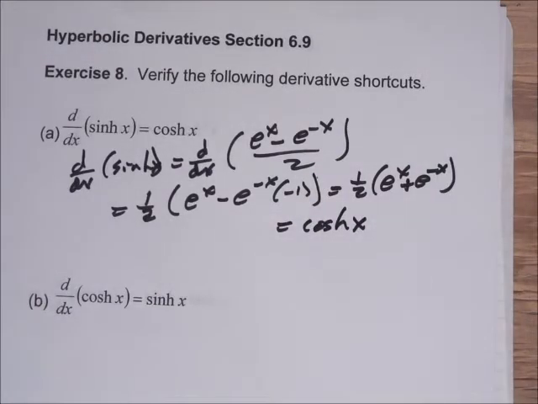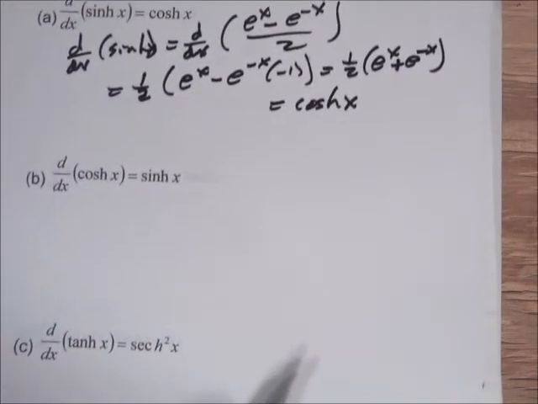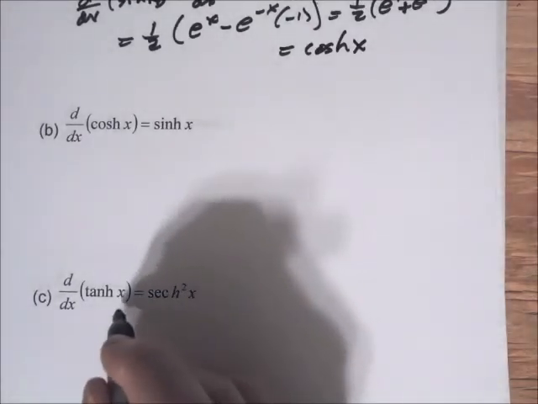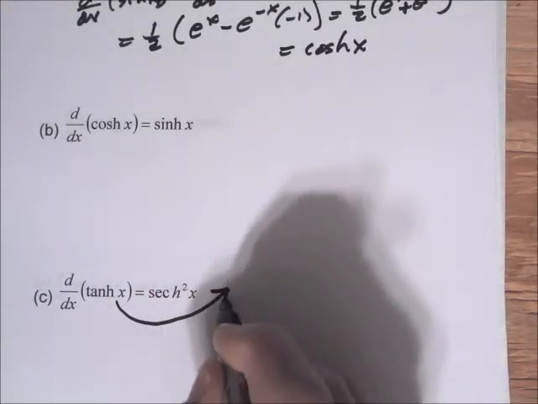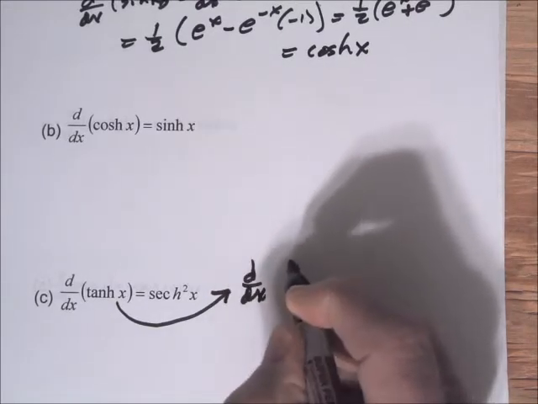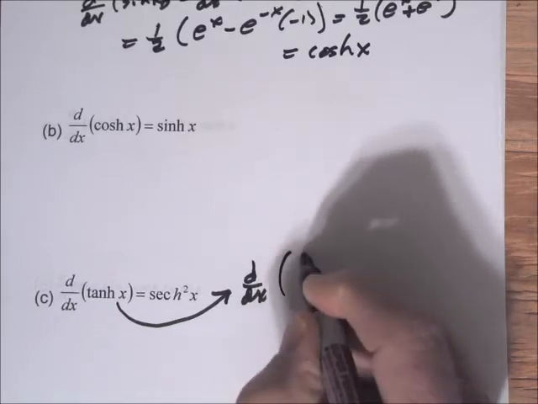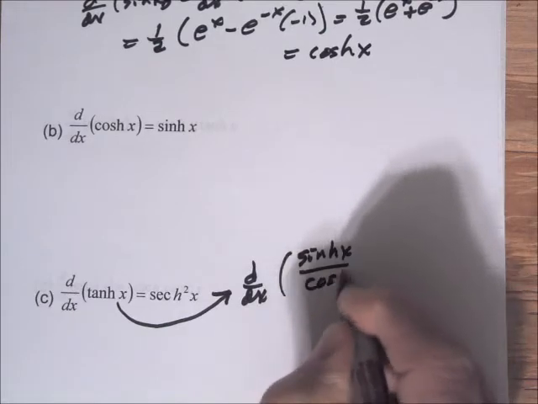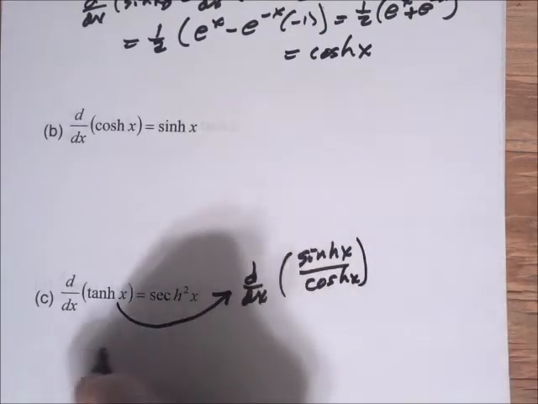So the other derivatives are similar. With the hyperbolic tangent, we can actually express this in terms of sinh and cosh, so it's probably easiest to derive that in terms of sinh and cosh. So the derivative of a hyperbolic tangent is the derivative of the sinh x divided by the cosh x, and then we can use the quotient rule.